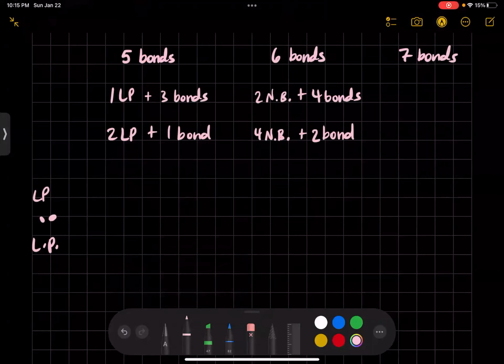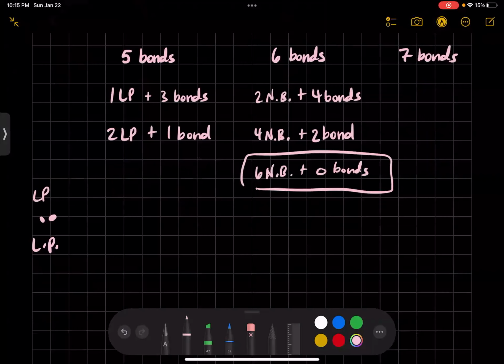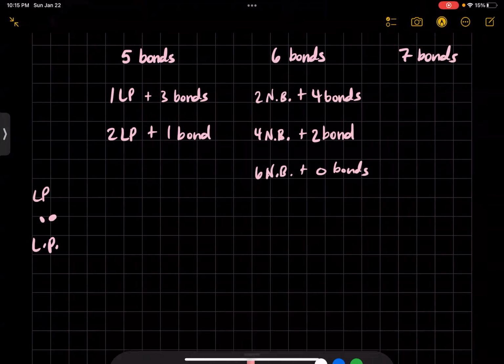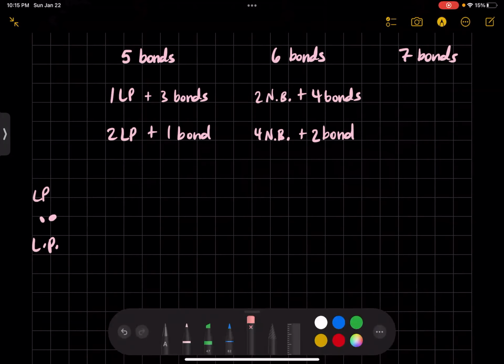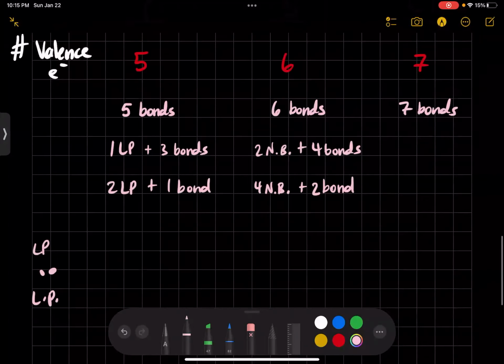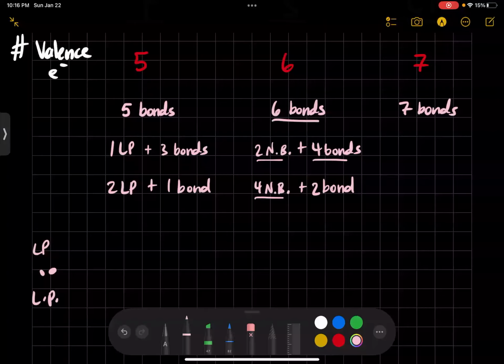And let's say I have just 6 non-bonding electrons plus 0 bonds. Am I going to have this? No, that won't work. So combinations for sulfur include it can have 6 bonds, it can have 2 non-bonding electrons and 4 bonds, or 4 non-bonding electrons and 2 bonds.